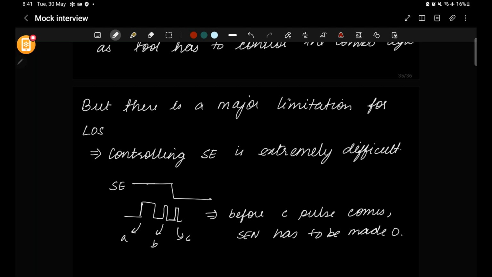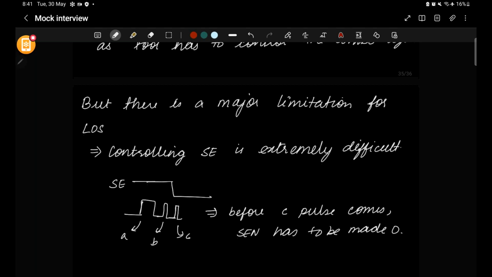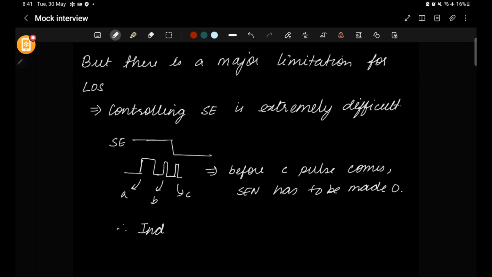This is very difficult to achieve. That is why industries mostly don't use LOS.